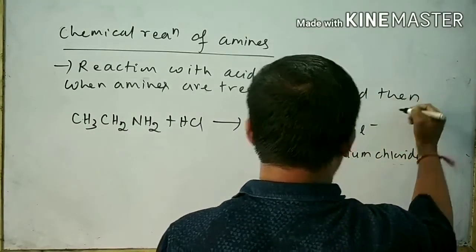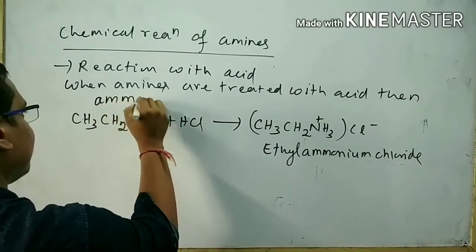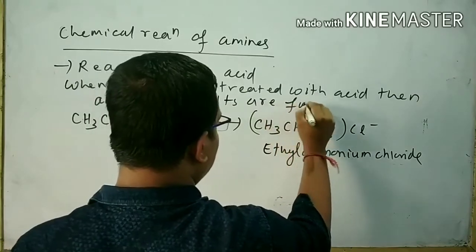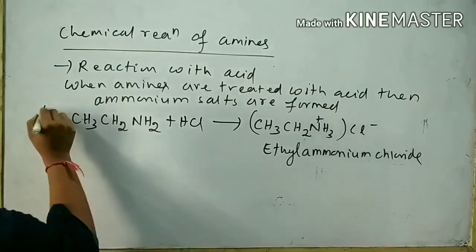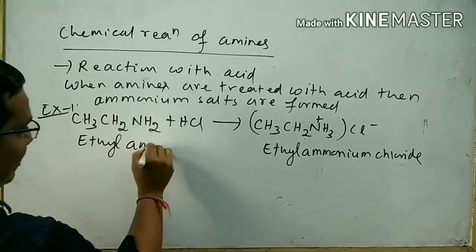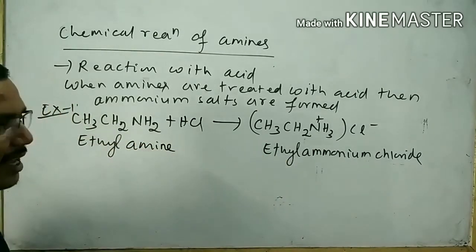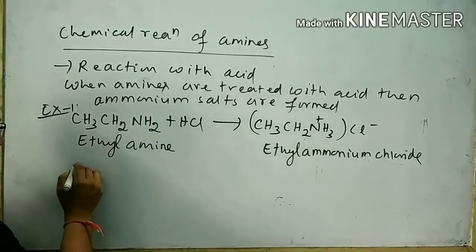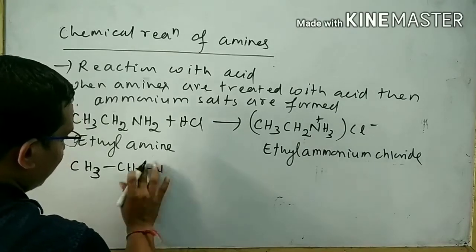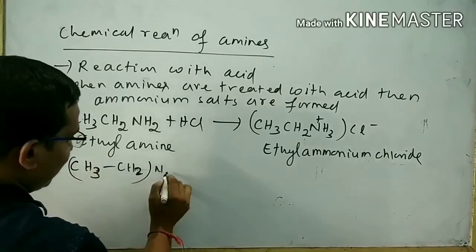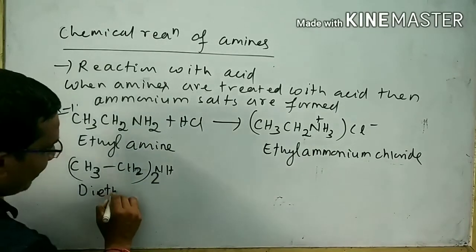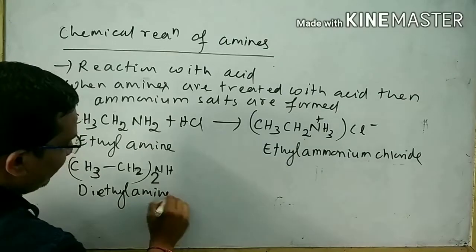So we can write a statement: when amines are treated with acid, then ammonium salts are formed. This is example number 1. Ethylamine treated with HCl gives ethyl ammonium chloride. Like that, you can also take a secondary amine. The name of this secondary amine is diethylamine.